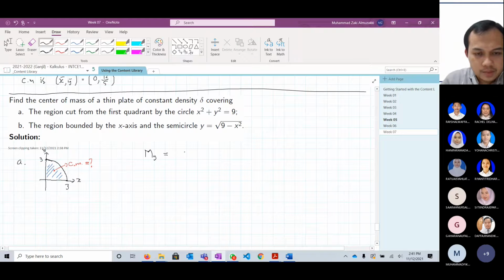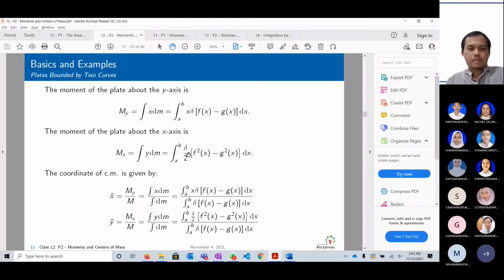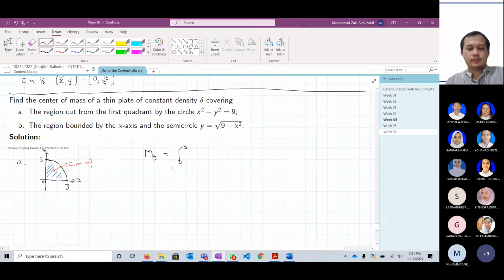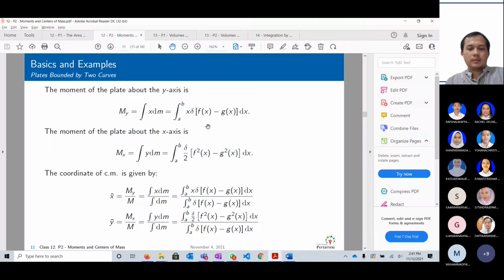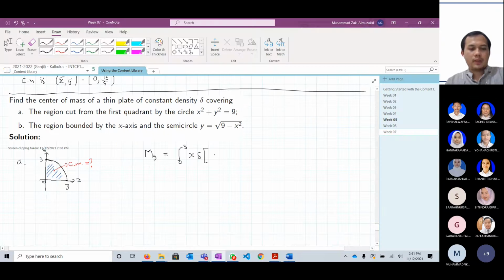My is integral from 0 to 3 x delta times f(x) minus g(x). So f(x) in this case we have here y equals square root of 9 minus x squared.